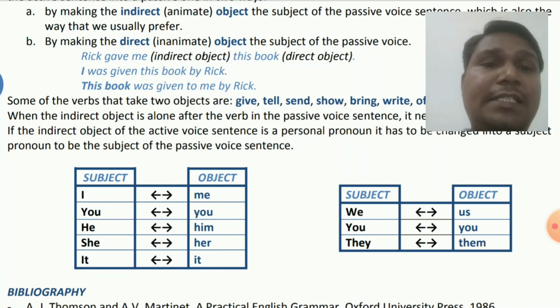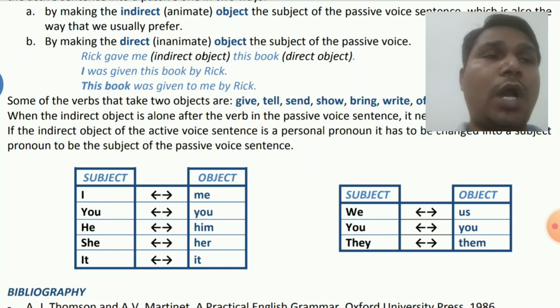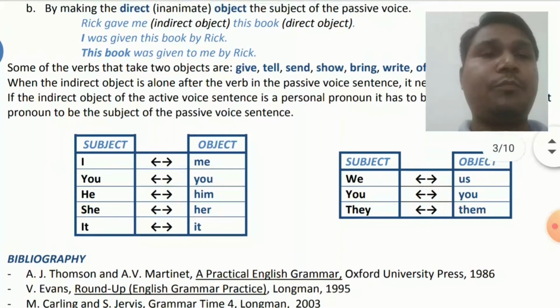If the subject is he, it will change into him. If the subject is she, it will change into her. If the subject is it, it will not change. If the subject is we, it will change into us. If the subject is you, it will change into you only. If the subject is they, it will change into them.